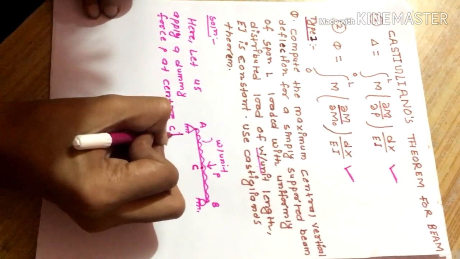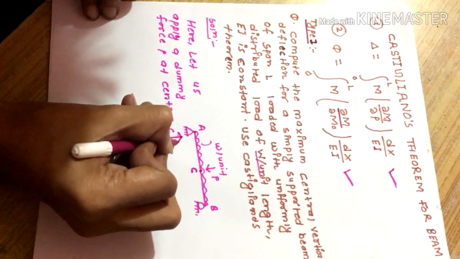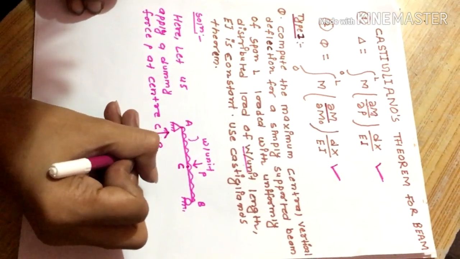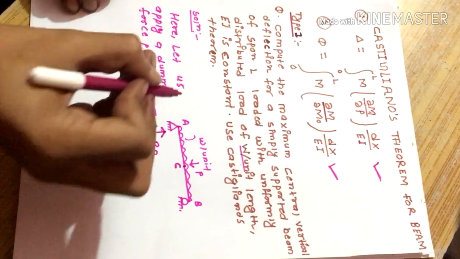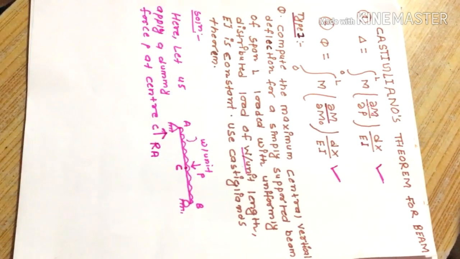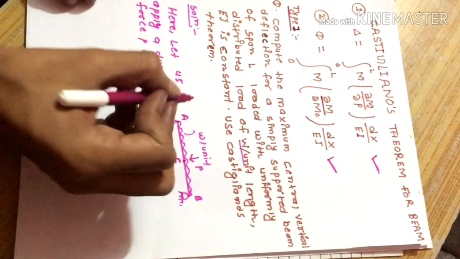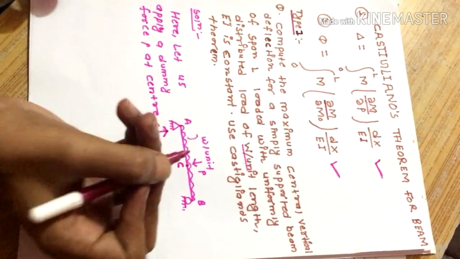In the figure, at first we have to calculate the reactions. This is a hinge support, and at a hinge support two reactions act: one vertical, let us assume RA, and a horizontal force. In this figure there is no horizontal force, so this force becomes 0.